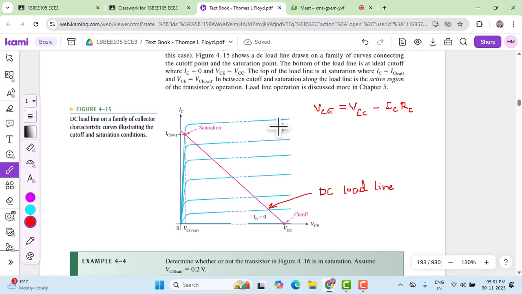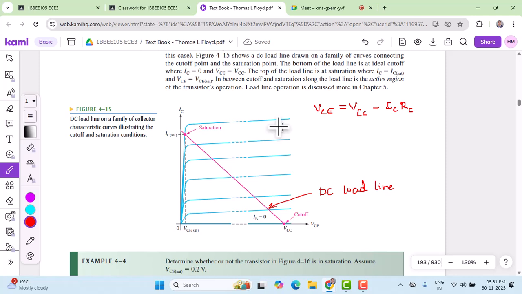Now, beta DC does not depend only on these two parameters. It also depends on the transistor. There are a lot of inconsistencies in the manufacturing process. Therefore, if we select two transistors, the beta DC of the two transistors will be different. We can easily make that out when we pick two transistors from the manufacturing lot.